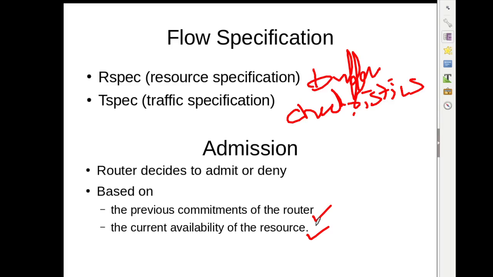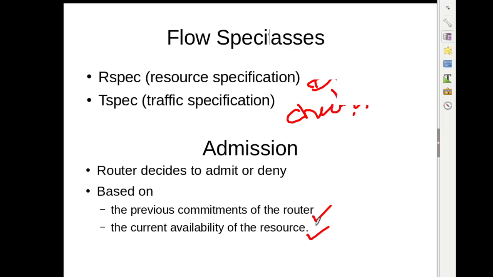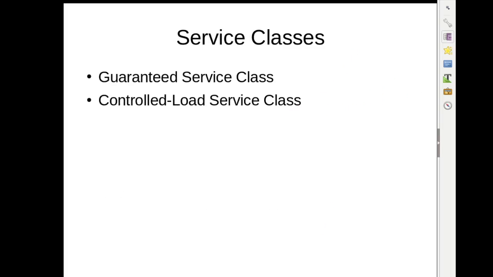After that, let us see about service classes. There can be two types of service classes. One is the guaranteed service class and another is the controlled load service class. The guaranteed service class is designed for real-time traffic, which needs a guaranteed minimum end-to-end delay.